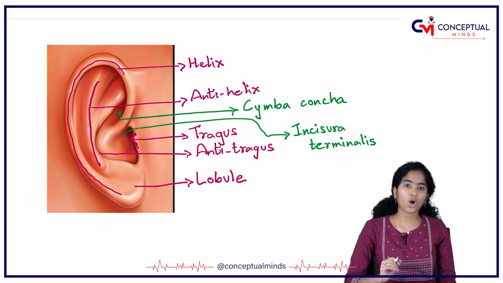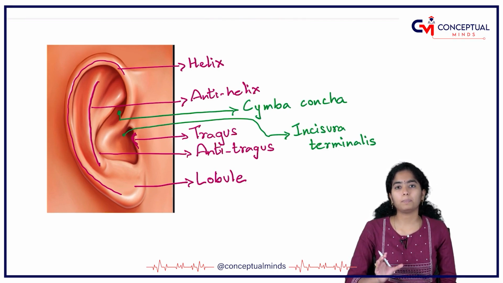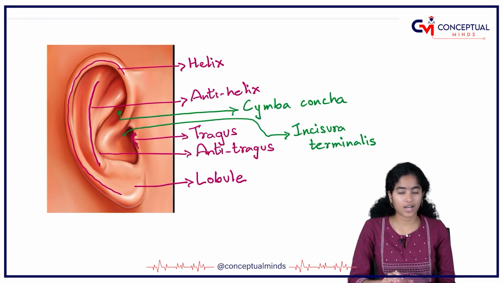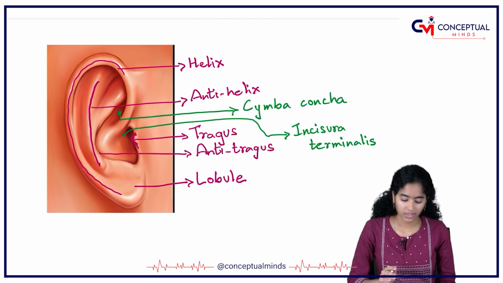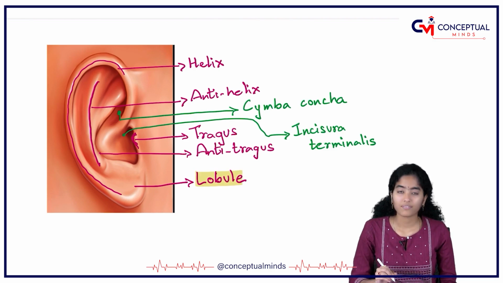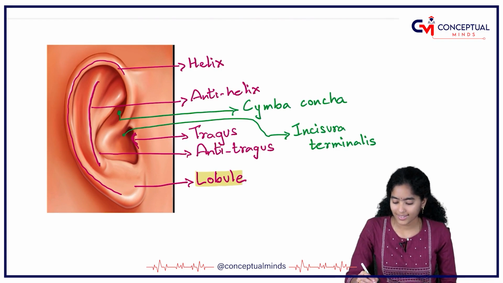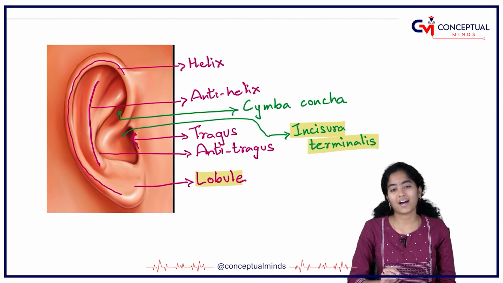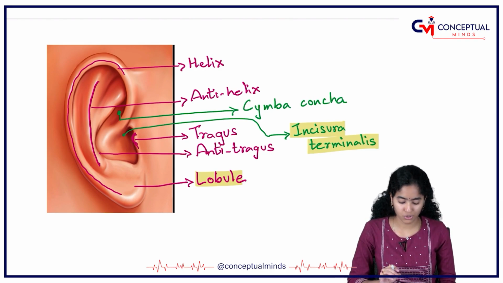Now this entire auricle is made up of a single piece of yellow elastic cartilage, except two parts. Cartilage is devoid in two areas of the auricle: one is the lobule, where the cartilage is absent, and second is the incisura terminalis. These two parts are devoid of cartilage.